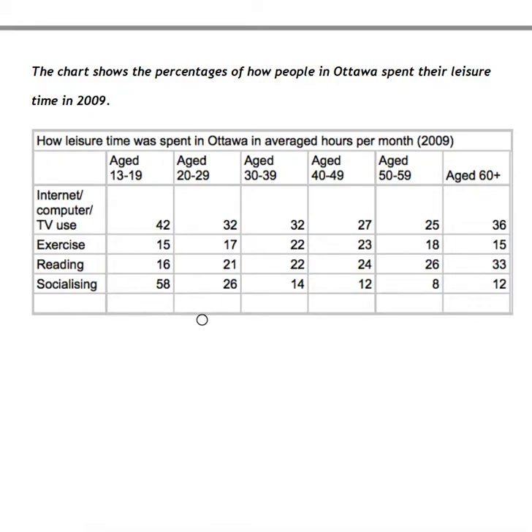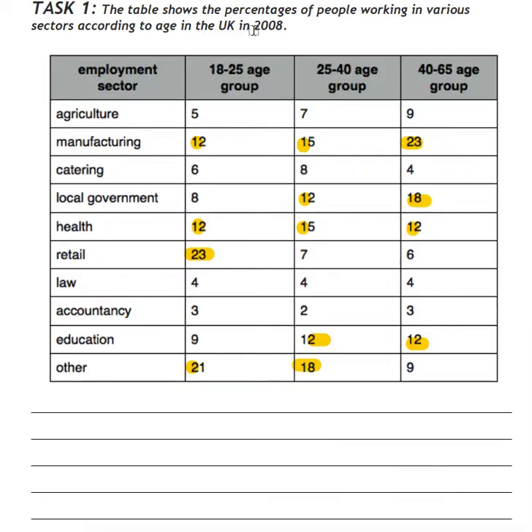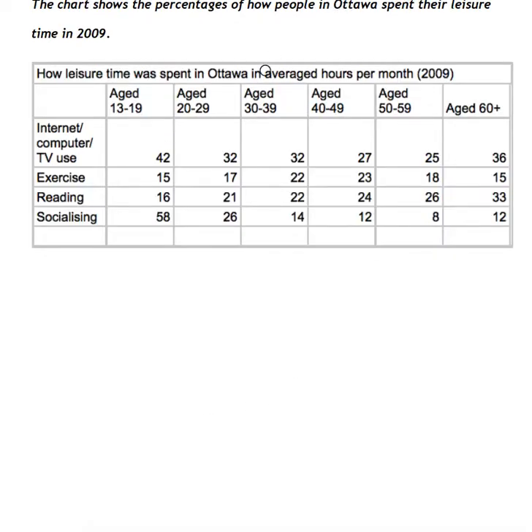In this case, I would mention we can't talk about each age group because that's too much. So notice how here I talked about each age group because there were too many variables or sectors. I think we're going to have to reverse the pattern here. Instead of talking about each age group, we're going to talk about just each leisure activity.